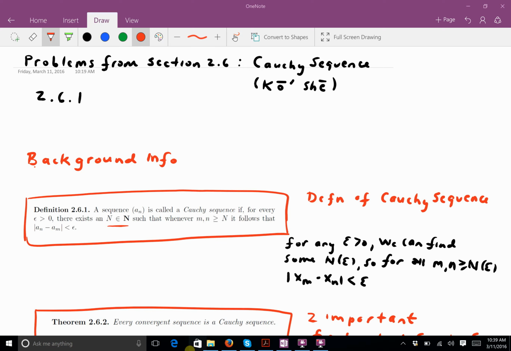This says that once we go past N, any two terms in the sequence, they can be any two terms past N, have to be within epsilon of each other. In other words, the distance between them has to be less than epsilon, okay?